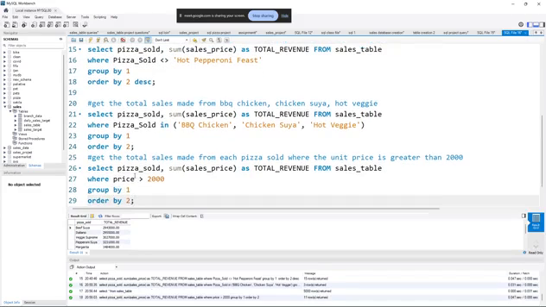Then I'll run it. So now this is different from others because anywhere the price is greater than 2,000, that is what it is doing for. It's not doing for where the price is less. It's not compulsory that your condition must be selected. But your condition can be inside your where clause.